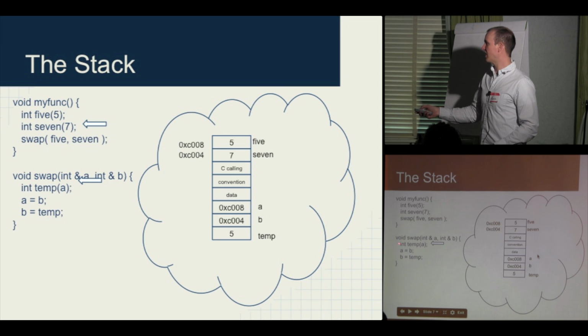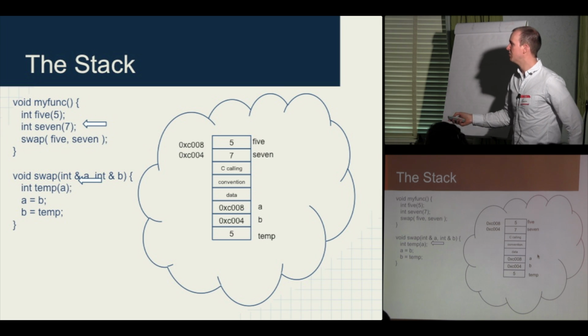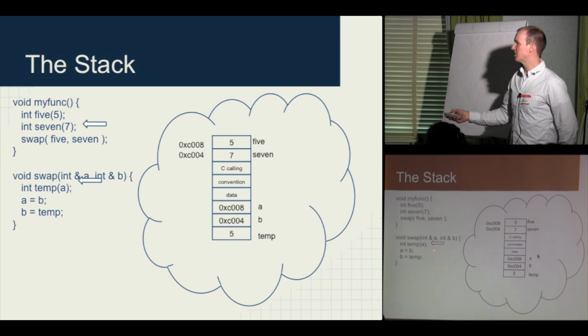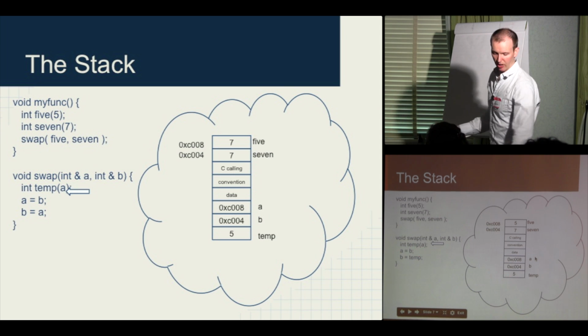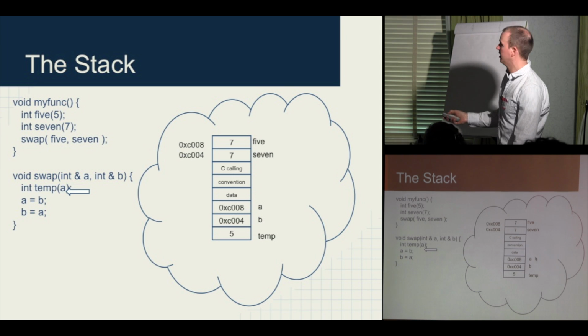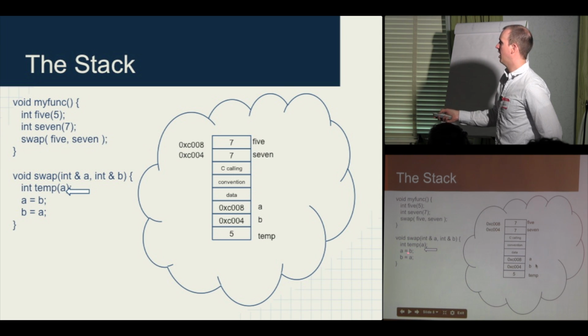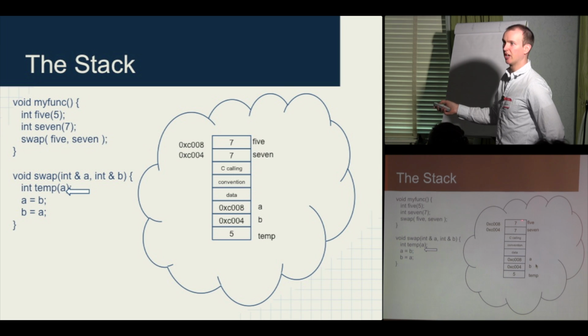Okay, and the last thing that's going to be allocated, back here in swap, is this variable temp, and you initialize temp with the value in A. So this pointer gets dereferenced, its value is obtained, and the value of A is put into temp. And then what happens next? You assign the value B to A, and the way the reference works is it actually changes this data up here.